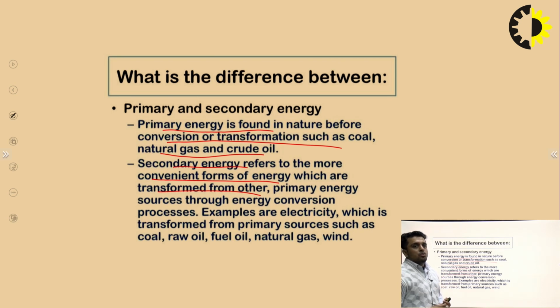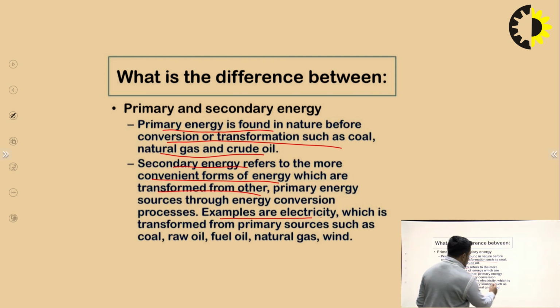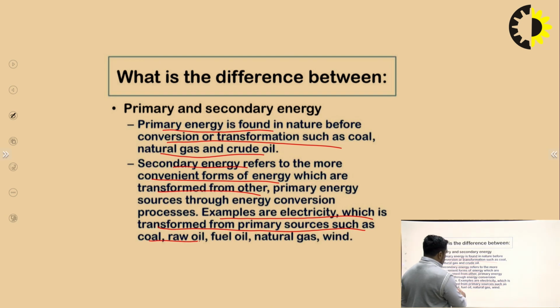Secondary energy refers to the more convenient form of energy which is transformed from other primary energy. Examples are electricity, which is transformed from primary sources such as coal, raw oil, fuel oil, natural gas, wind, etc. Means secondary sources are obtained from the primary sources.